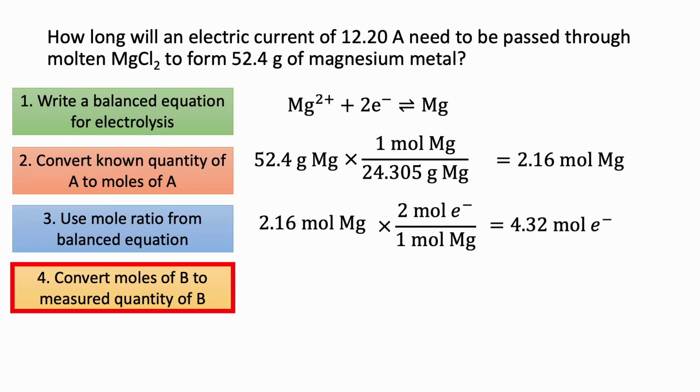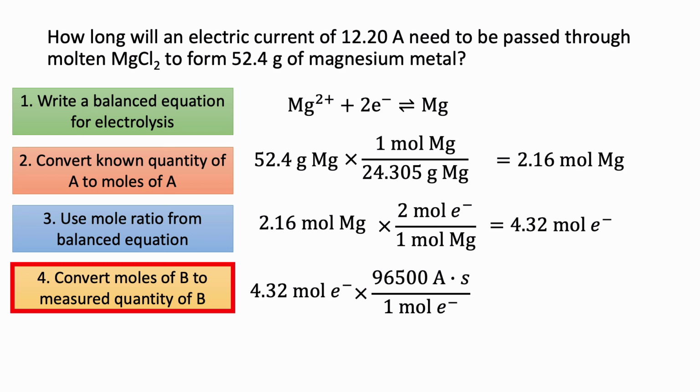Now we want to convert those moles of electrons to something we can measure, and usually what we measure is a combination of current and time. We're given the current, so we basically need to find the time. Here are the moles of electrons. So let's multiply our moles of electrons by Faraday's constant.